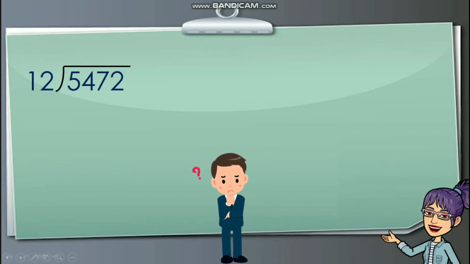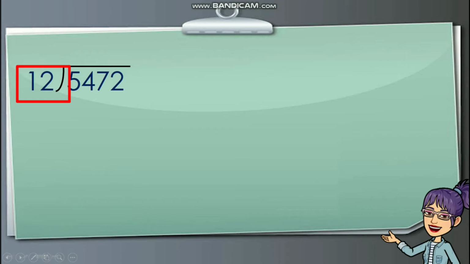Since our divisor has 2 digits, we should know that no single digit in the dividend will be big enough for the 2-digit divisor. Since we have a 2-digit divisor, we have to regroup the first 2 digits, then divide.